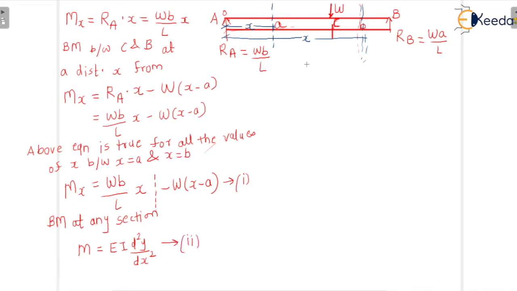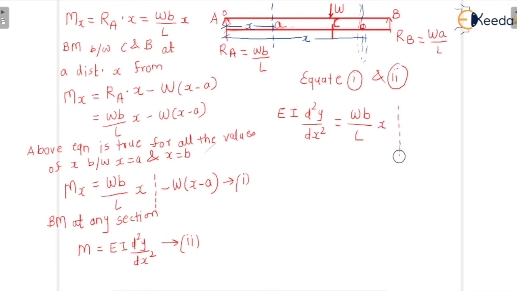Now equate equation number 1 and 2. So we can write EI d square y by dx square is equal to W b by L into x, then this dotted line, minus W into x minus a. Write it as equation number 3.